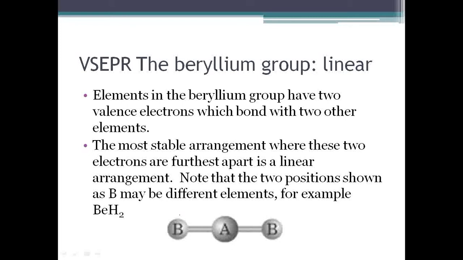It's got a valence of 2 and it can form a compound like beryllium hydride. So what I'll do is I'll just write beryllium, Be in there, and I'll write a hydrogen here, and I'll write a hydrogen here. Now, the shape that that particular molecule forms is exactly as it's written here in this diagram. It's a linear shape.